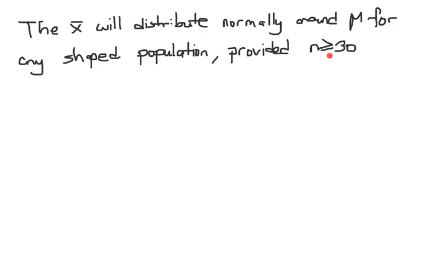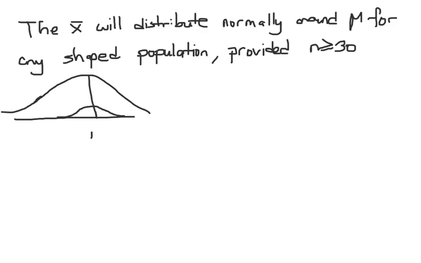If you have, for example, a normally distributed population, you will have a normal distribution with our mean here. If you have a population like this, you can have a normally distributed X bar distribution.